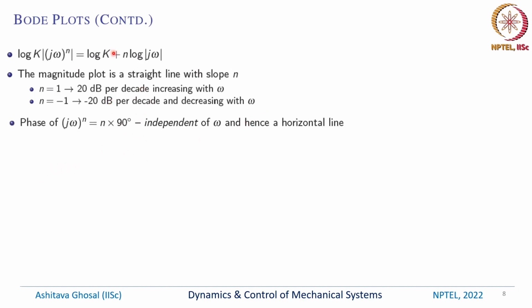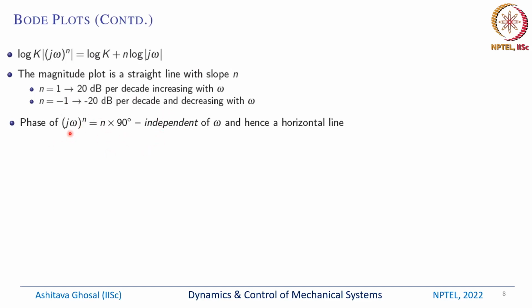The phase angle is given by the tan inverse of the imaginary part divided by the real part. In this case, the phase angle is 90 degrees. Depending on n, we can have 90 into 1 if n is equal to 1, or if n is 2, we will have 180 degrees, and so on.